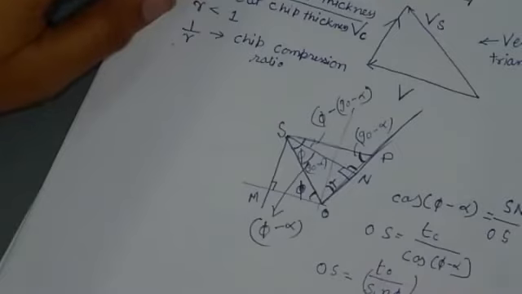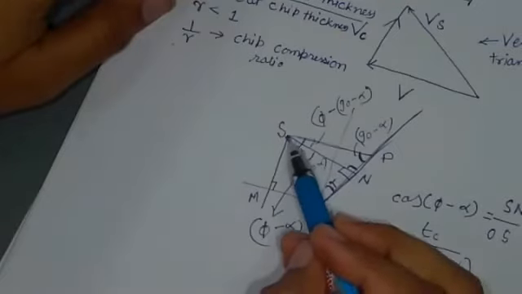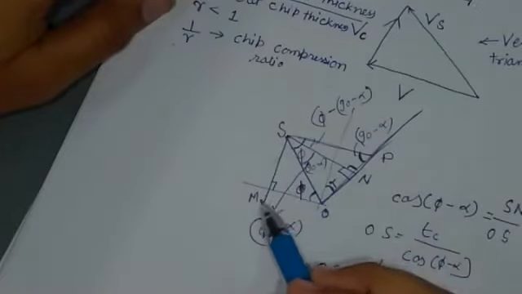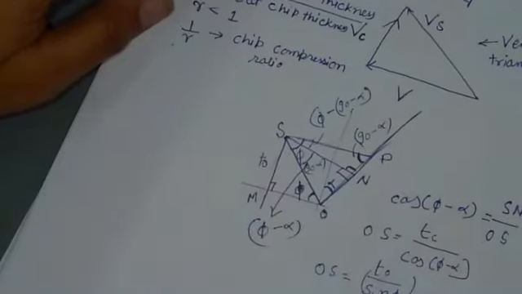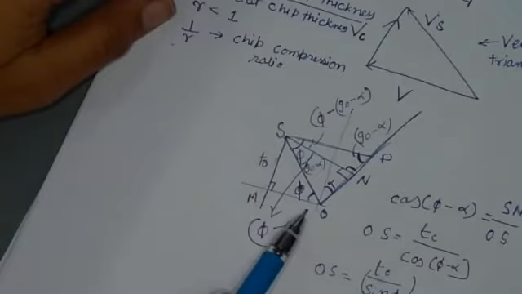What is T naught? Here you see this Sm is T naught. This Sm is the uncut chip thickness. So here sine phi is Os by T naught, or Os is T naught by sine phi.